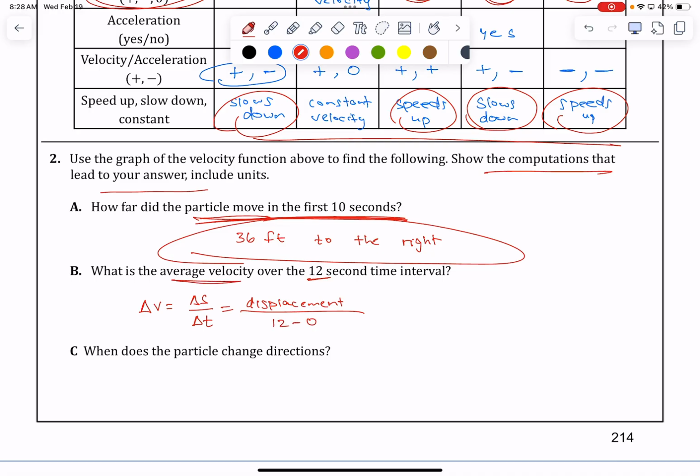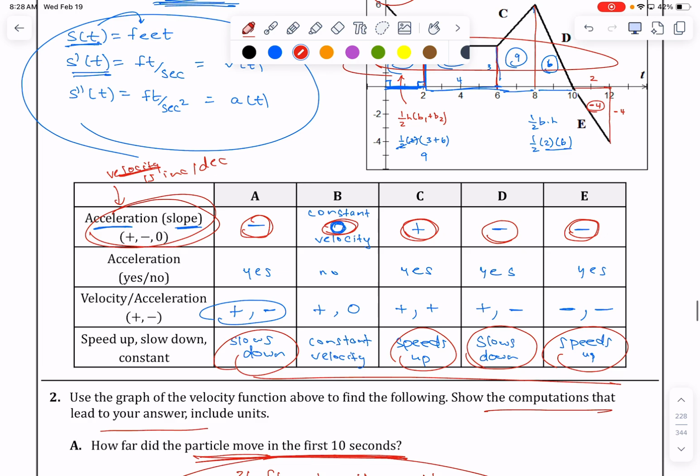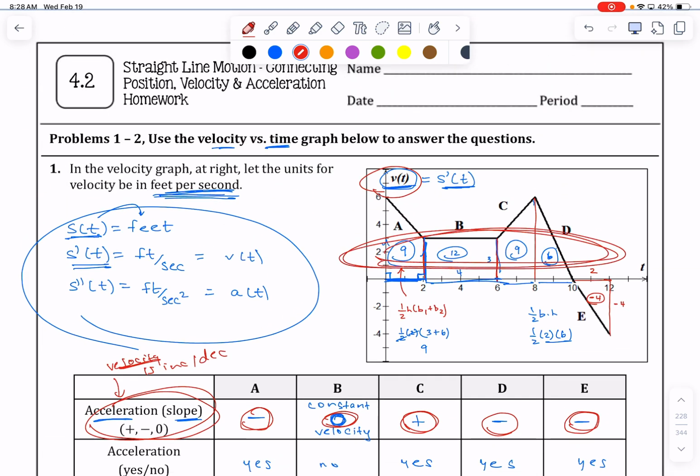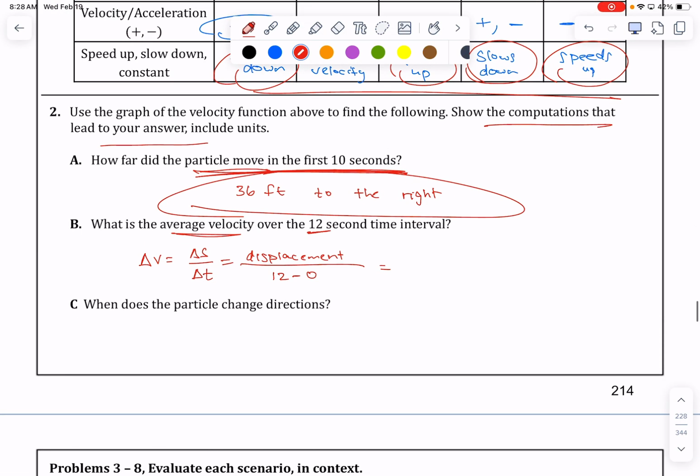You want average velocity, so you can't add the 4, you've got to have the negative. You have to subtract 4. So it's displacement divided by time. You knew that this is 36, then subtract 4. So what's the displacement in the first 12 seconds? 32. So it'd be 32 divided by 12, which will reduce to what?